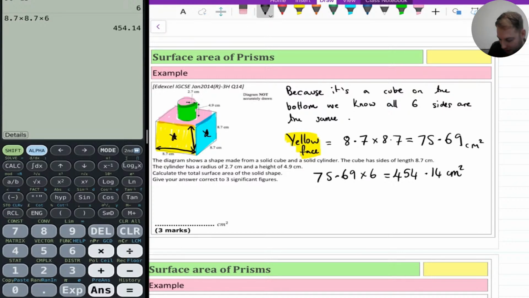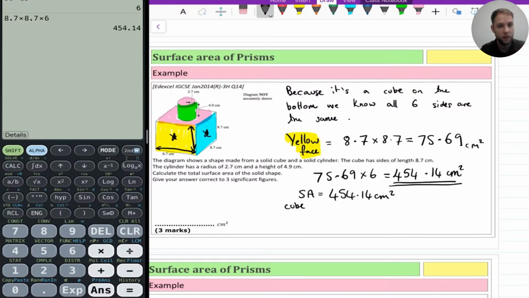So basically what we've just done here is the surface area of the cube, which is equal to 454.14 centimetres squared.